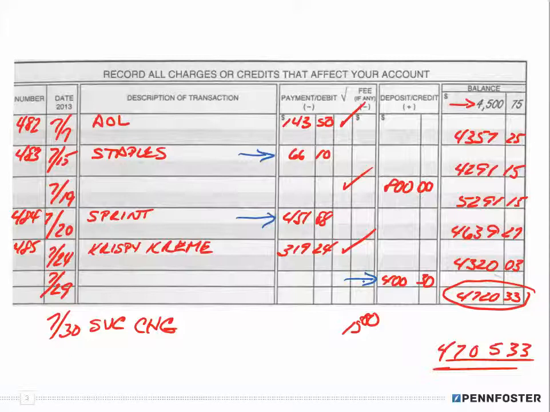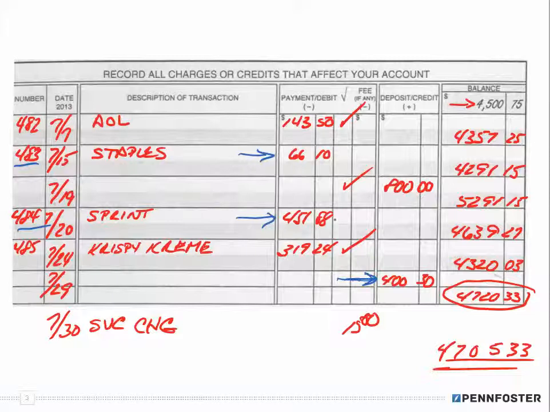So when I get the new bank statement, I should be looking and saying, okay, was check 483 cashed, and was check 484 cashed, and was this deposit made? Most likely the deposits would have been made, so it wouldn't end up on your new reconciliation. However, with checks, what if the check got lost in the mail?